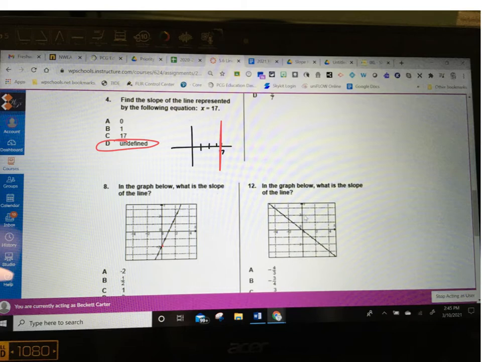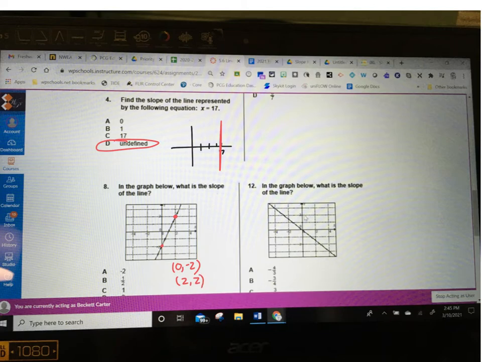So it crosses over here at over 0, down -2, and it crosses, I would say, right here, which is over 2, up 2. It's kind of hard to see. I'm assuming that's 2.